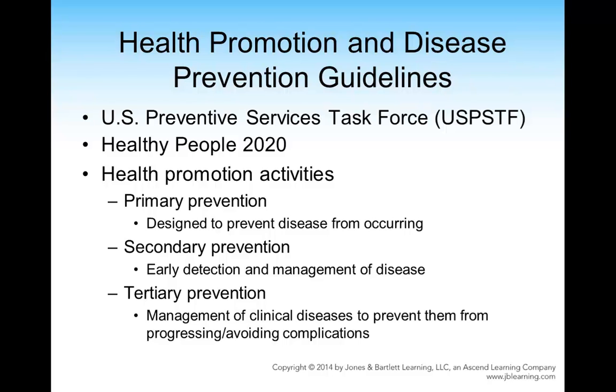We want to do the best we can to prevent the disease from ever occurring, early detection, and then unfortunately with our elder population, we want to prevent that progressing to chronic illness. Many of the diseases that are seen have that chronic illness.